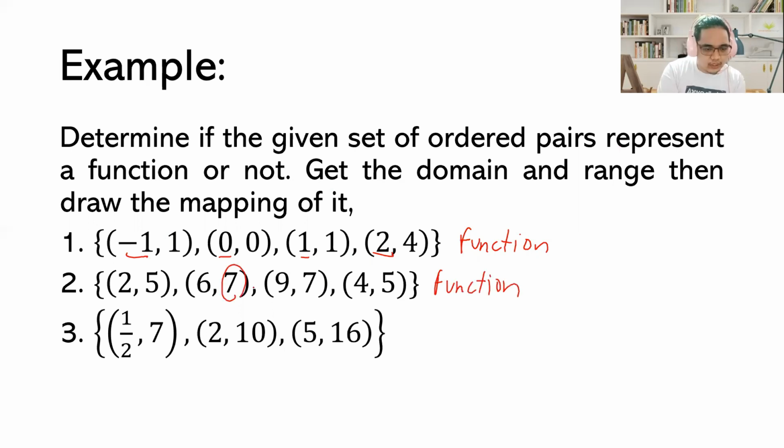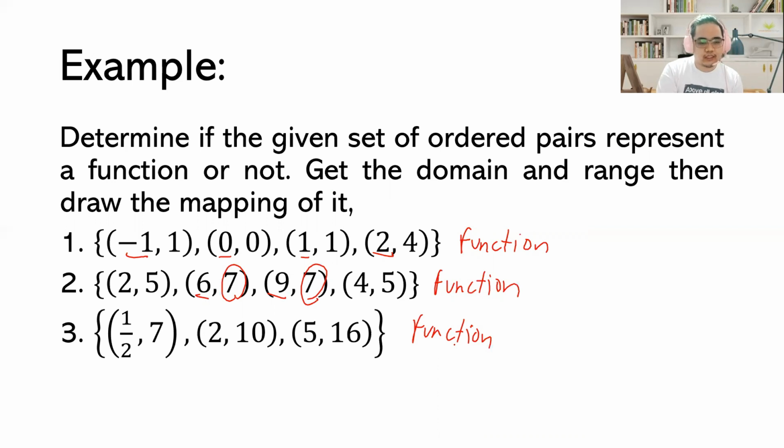Kahit maulit naman tong 7, we have different inputs pa rin naman. 6 becomes 7, 9 also becomes 7. So hence, it is also a function. And then the third one, basically, it is a function. So lahat siya function. So hindi lang siya magiging function kapag merong naulit doon sa x sa first element natin.